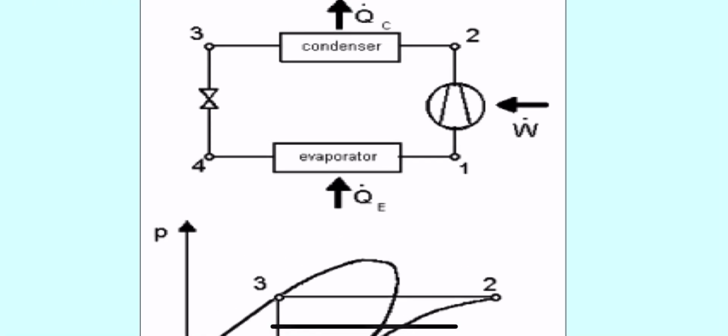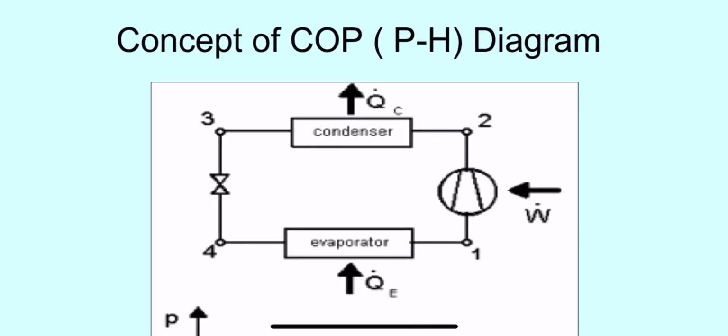The condenser rejects the heat, and the vapor refrigerant is converted to liquid refrigerant and sent through the expansion device or expansion valve to the evaporator.